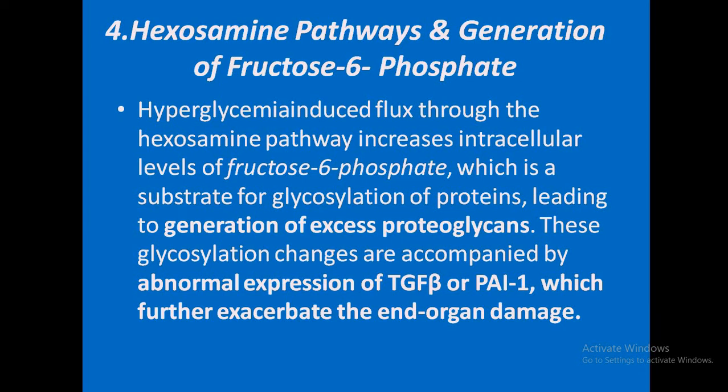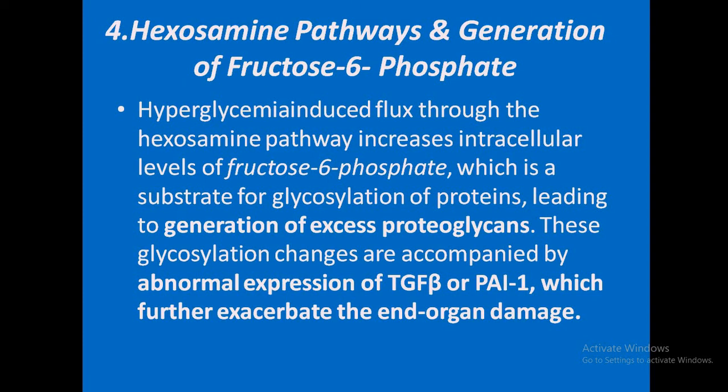The last mechanism is the hexosamine pathway and generation of fructose 6-phosphate. So hyperglycemia induces the hexosamine pathway, and then it increases the intracellular levels of F6P, that is fructose 6-phosphate.